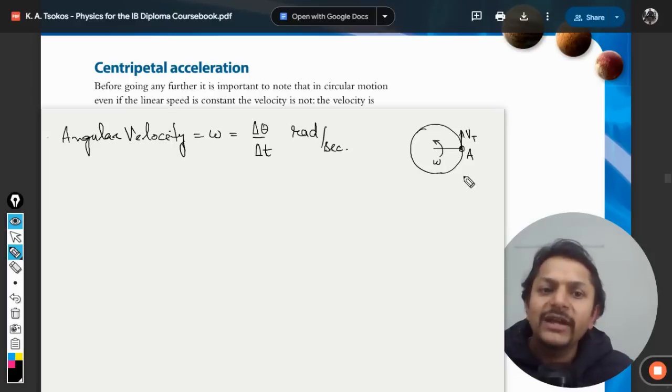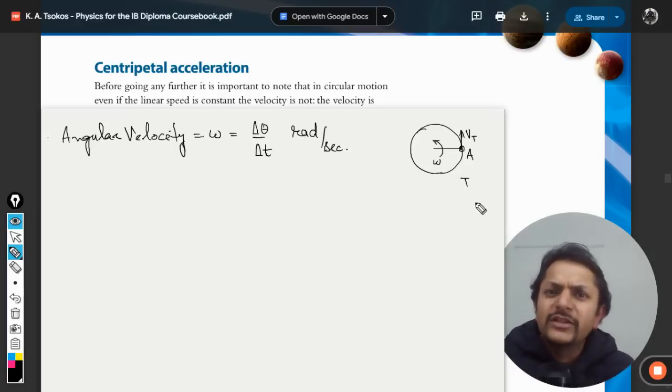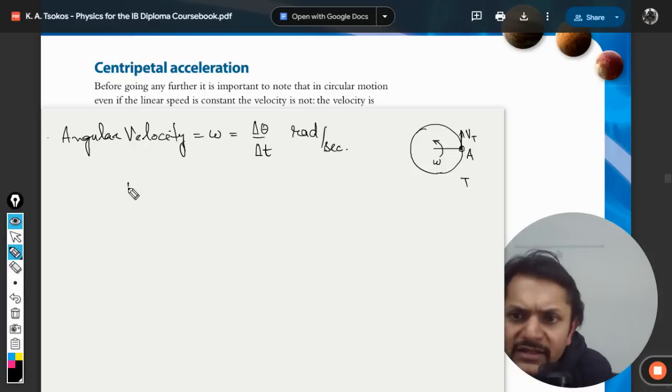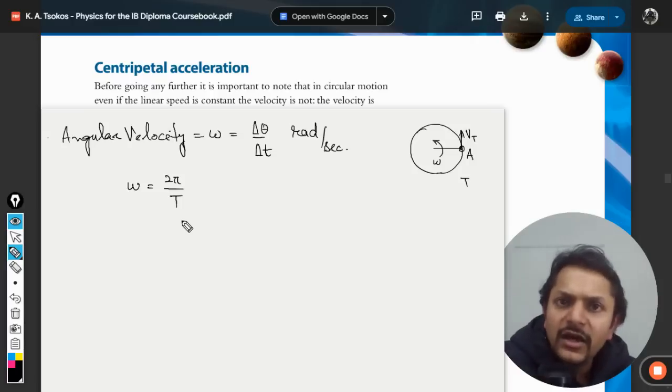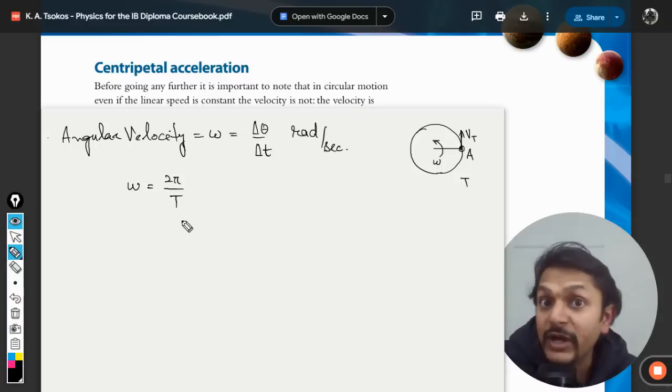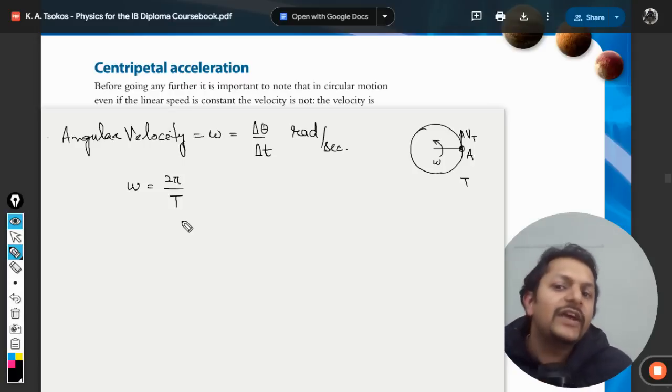And the total time taken can be written as capital T, because capital T is always the total time. By the definition, omega is equal to 2 pi, the total angle, divided by the total time taken T. Thereby, omega is equal to 2 pi by T. We have created a formula for ourselves. So if omega is given, you can find the total time. If the total time period is given, we can find omega.